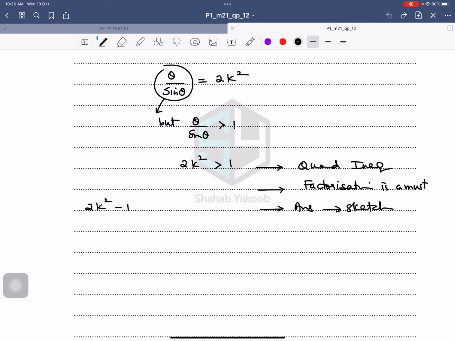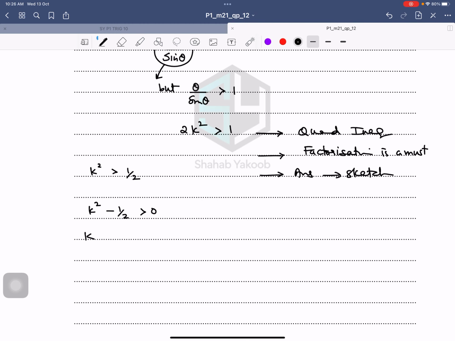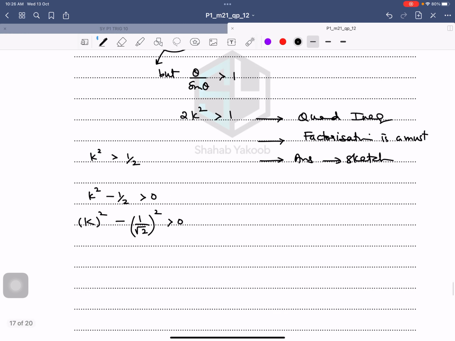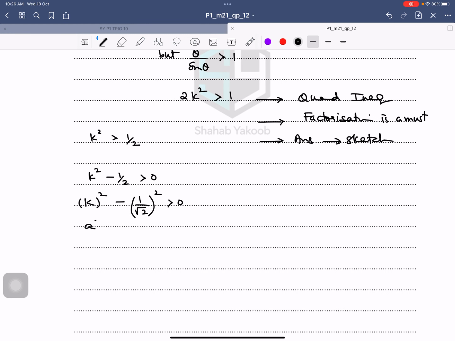Another way is you can say k square is greater than half. k square minus half is greater than 0. Factorize. This is k square minus 1 over root 2 square is greater than 0. That's the proper way of writing it. a square minus b square is a plus b, a minus b. So k plus 1 over root 2, k minus 1 over root 2 is greater than 0.